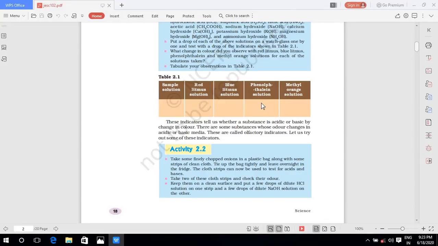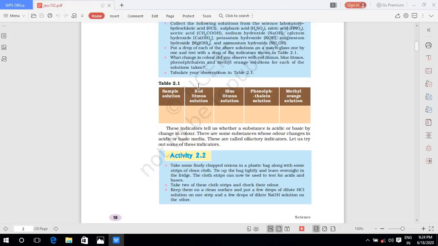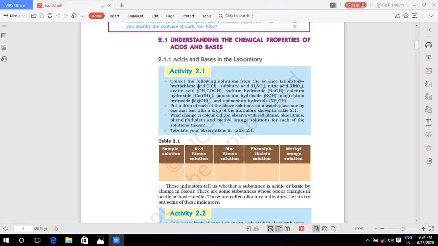Okay, so we were here, the coloration test, such as this litmus test, phenolphthalein solution test and methyl orange test. Now, how do we do this test? When we dip this red litmus into a base solution, the base. Understanding the chemical properties of acids and bases.